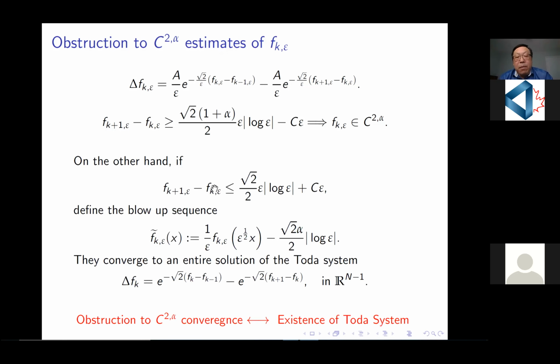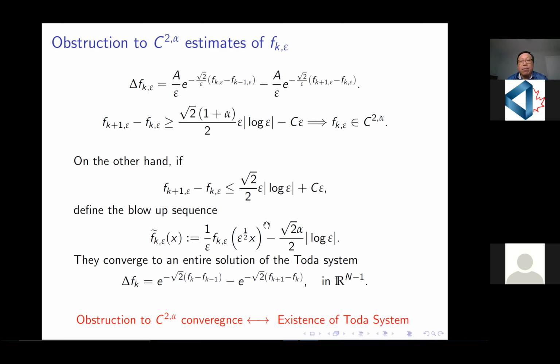So the problem is if two of the leaves stay close, at distance of order square root of 2 epsilon log epsilon, and then we plot at this level set, at this graph, what we see is an entire solution of the Toda system in lower dimension, in R^(n-1).